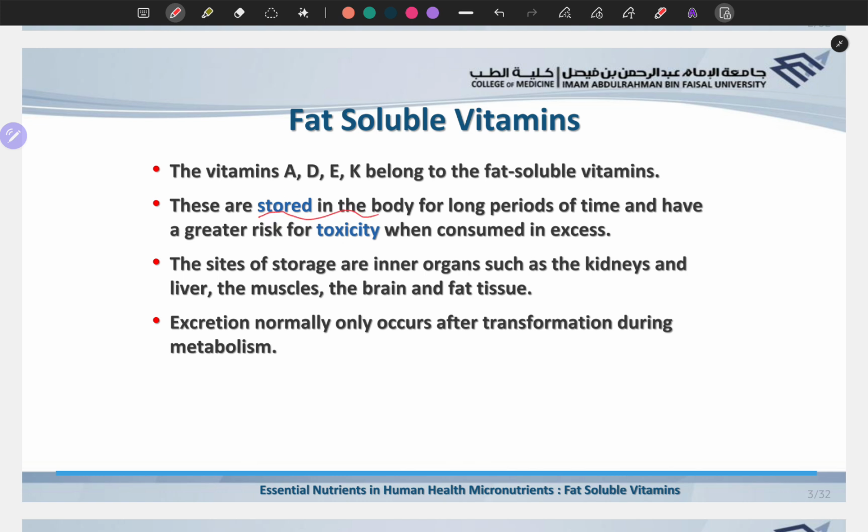The sites for storage are generally the inner organs like the liver, the kidneys, the muscles, the brain, and the fat tissue. And regarding excretion, because they are fat soluble, naturally they cannot be excreted in urine. So before they get excreted in the urine, they need to undergo some biotransformation, some conjugation reactions which will render them water soluble. Is it clear? Yes.